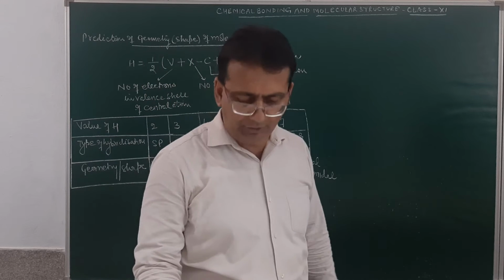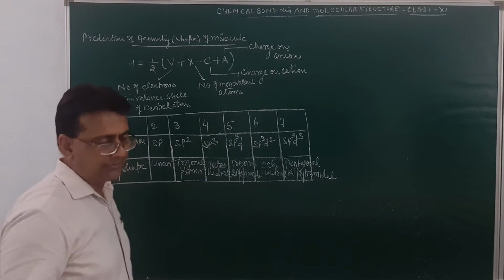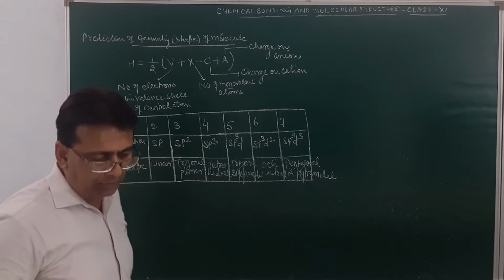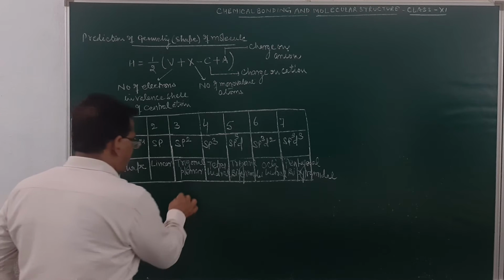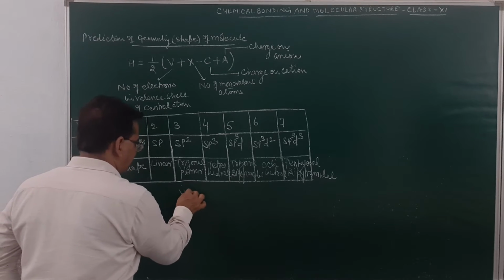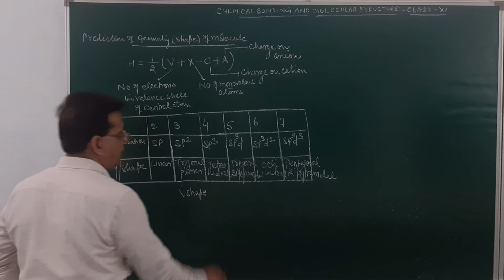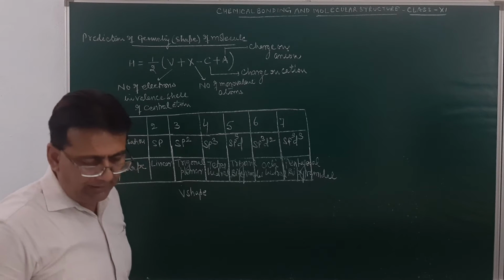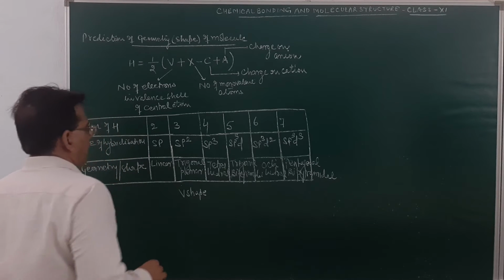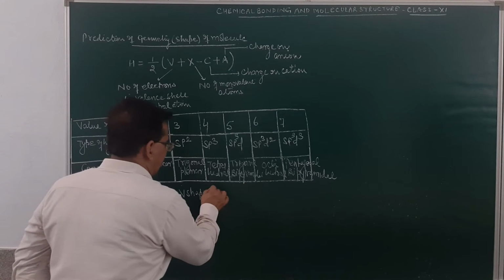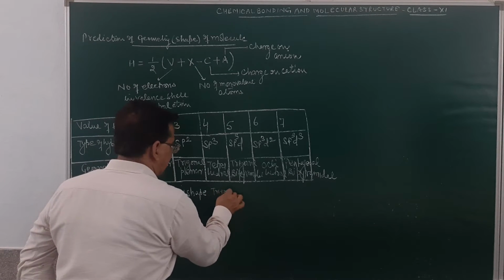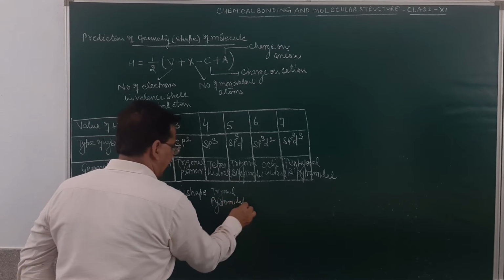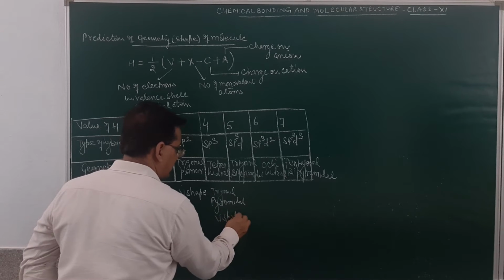Now, in the case of sp hybridization, the geometry was only linear. But in the case of sp2 hybridization, I told you it can be trigonal planar. If it contains a lone pair, then it will acquire the V shape. In the case of sp3 hybridization, when there was one lone pair, this was trigonal pyramidal, and with two lone pairs, V shape, as in the case of the water molecule.